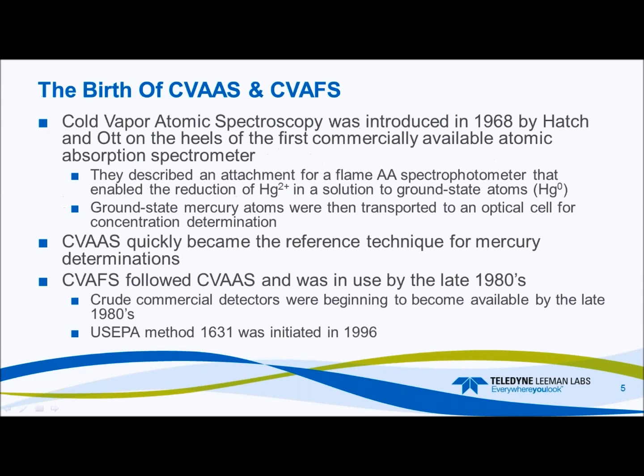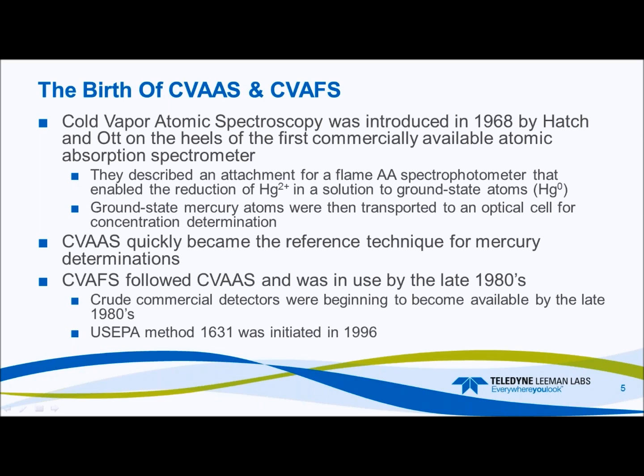So a little bit about cold vapor atomic absorption spectroscopy and atomic fluorescence spectroscopy. In 1968, Hatch and Ott developed a commercially available atomic spectrometer. It was an attachment to an AA that enabled them to take mercury at 2+ and reduce it to Hg0, and then those ground state atoms were sent to an optical cell for mercury determination.